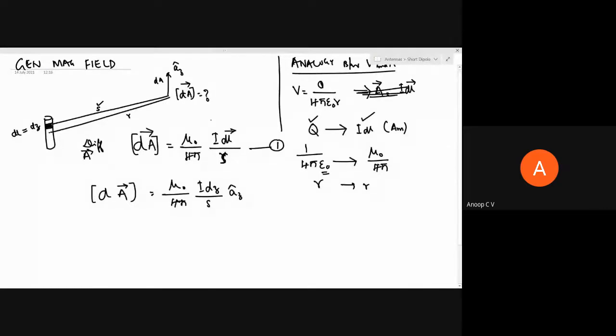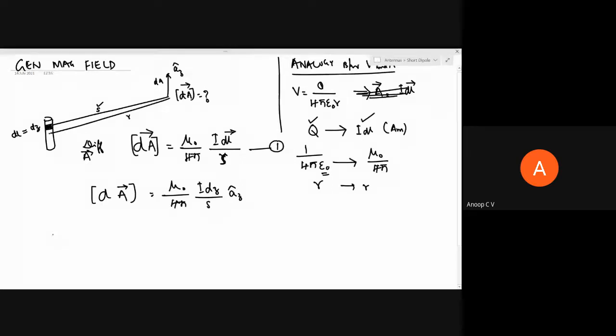So now what I need to do is find the total vector magnetic potential. To find it, I should integrate this over the structure of which I want to find the total magnetic potential.